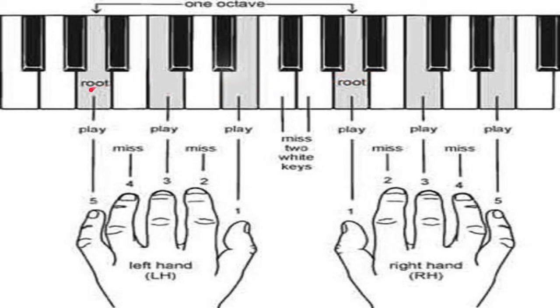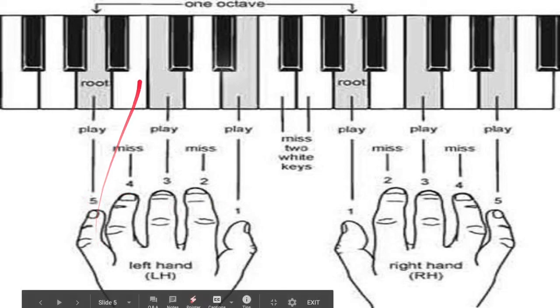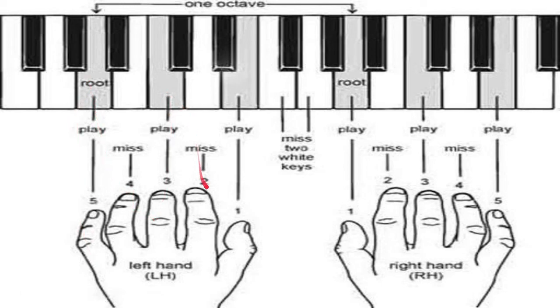With the left hand, it's a mirror opposite. So instead of 1, 3, 5, it's 5, 3, 1 going from left to right. So it would be 5 on the root, 3 on the third, and 1 on the fifth. So put your hand on the piano and play with your right hand: the A, the C, and the E, with fingers 1, 3, 5.